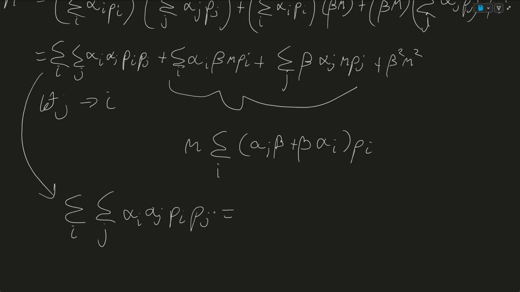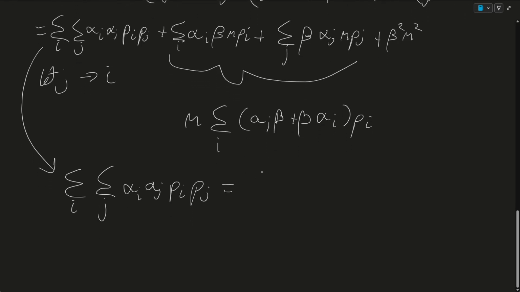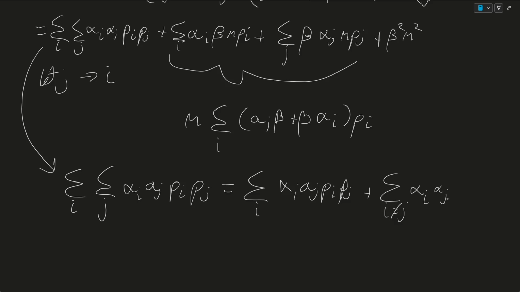well, rather, we can split it. So the sum over i of alpha_i alpha_j p_i p_j, plus the sum where i does not equal j.